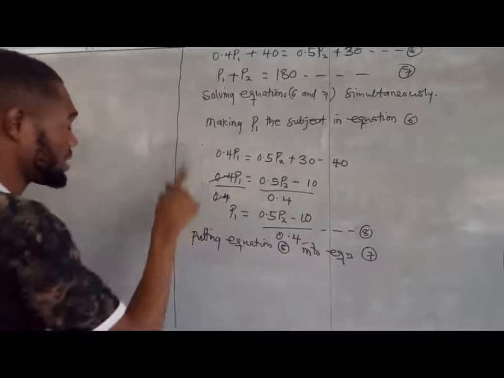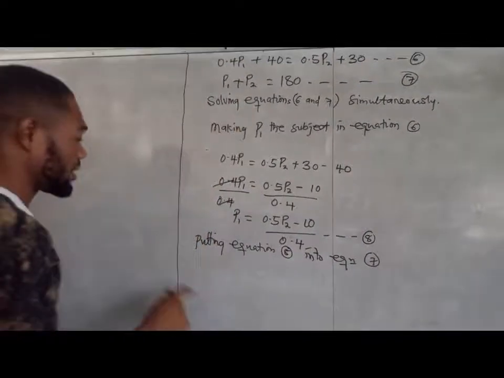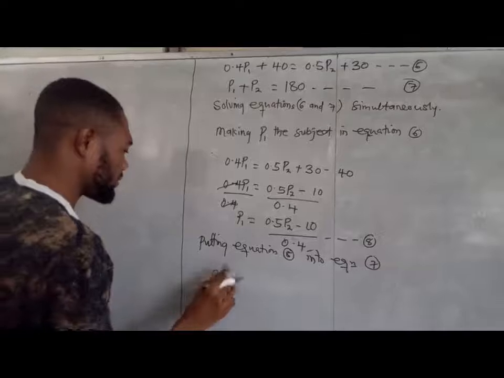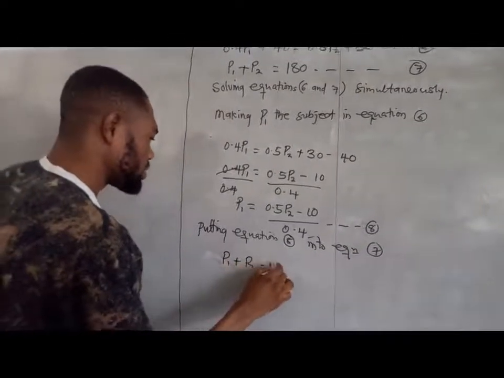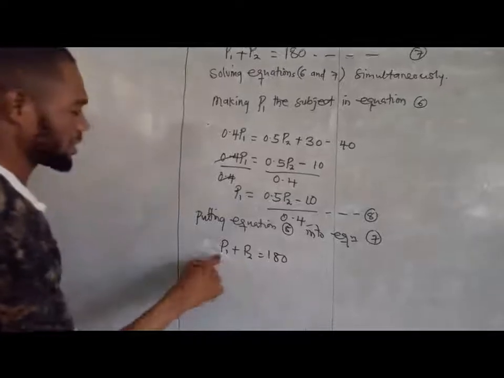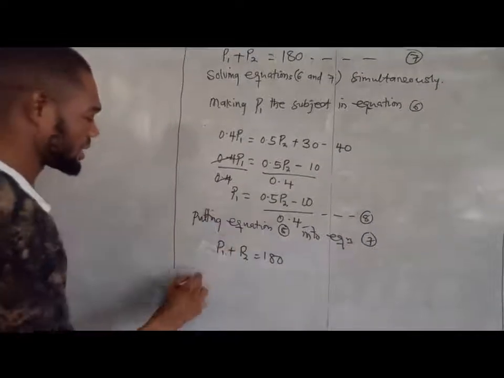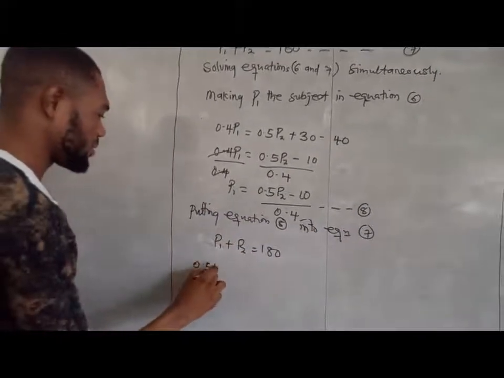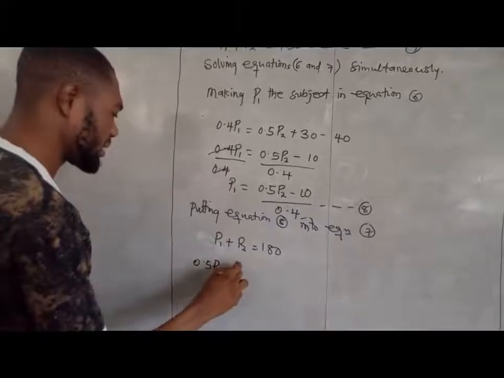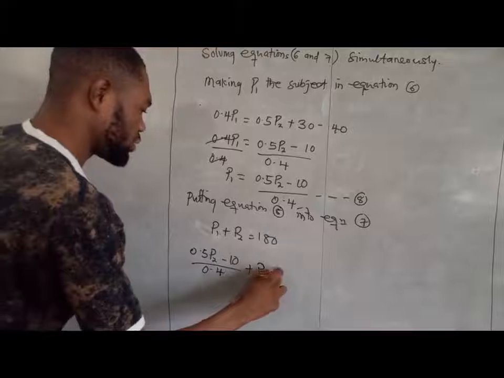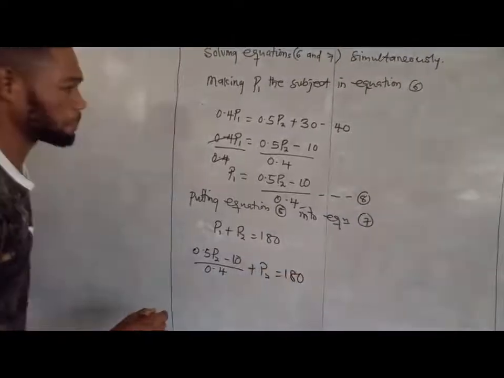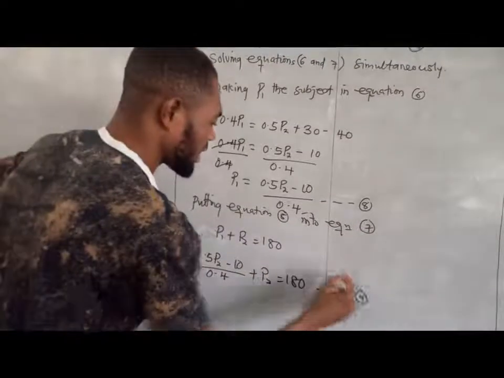So whenever I see P1 in equation 7, I'll fix it there. P1 plus P2 equals 180. The other name for P1 is 0.5 P2 minus 10 all over 0.4, plus P2 equals 180. So I can call this equation 9.